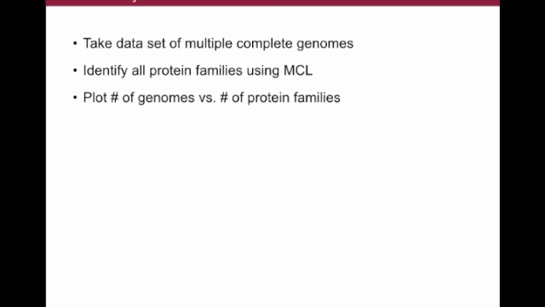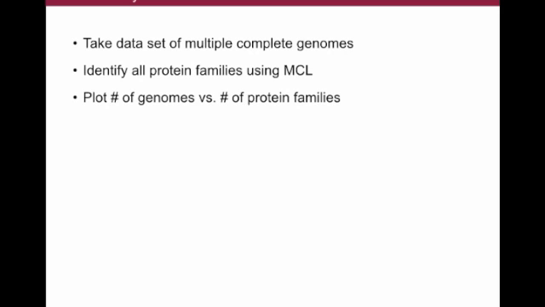a genome and then you take another genome and you ask, what is the probability that they have different gene families in those genomes? And you ask this if you take two genomes and then you take a third genome. And you do this for different sets of genomes. So you do it for a set of closely related genomes.